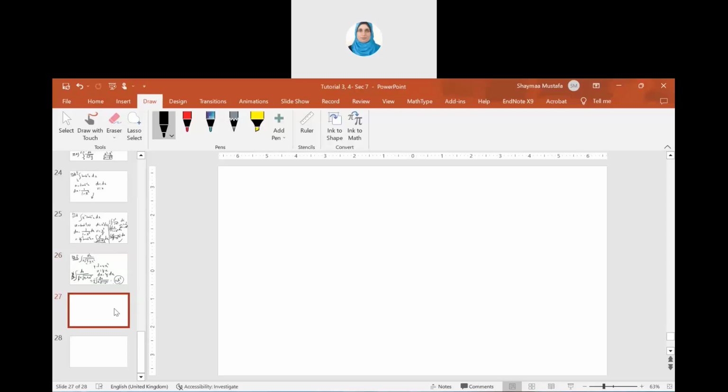Okay, 37b. Find dy over dx. This is a normal derivative. 37b: y squared is equal to tan inverse of xy minus x squared. So here it is implicit because you have y squared, right?